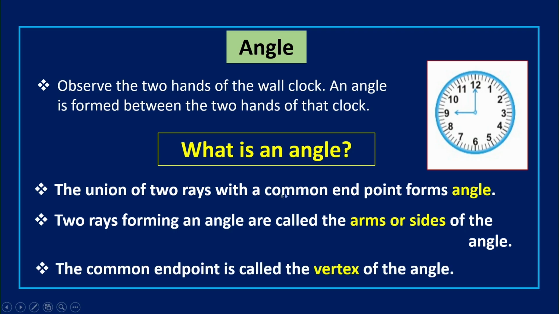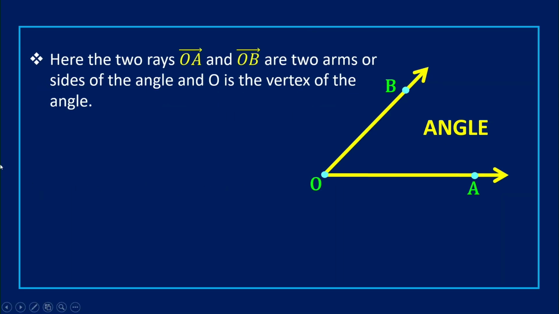The common end point is called the vertex of the angle. Observe the slide. Here two rays OA and OB are the two arms or sides of the angle. O is the vertex of the angle.